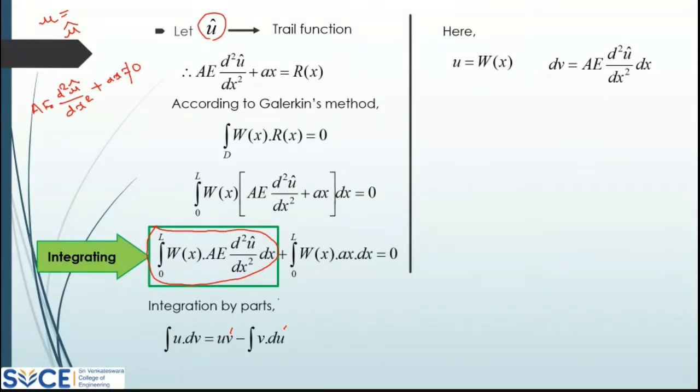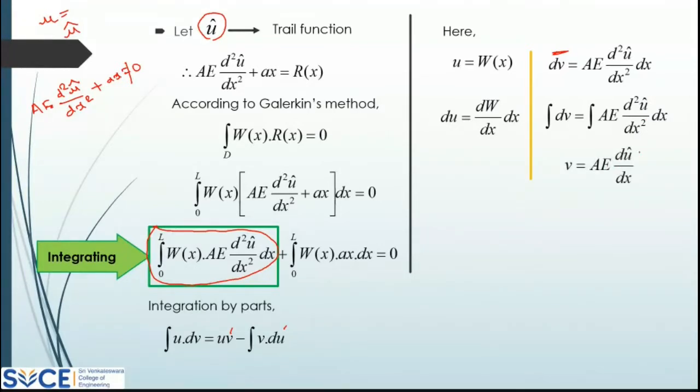If I want v, I have to integrate this once. If I want du, I have to differentiate this once. So differentiating, du is equal to dw by dx into dx. V, if I integrate it, will be AE d u cap by dx.